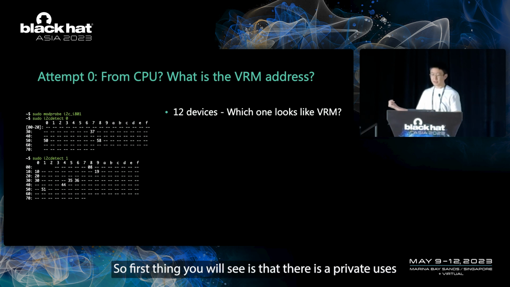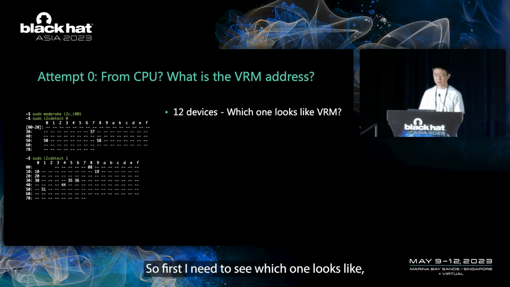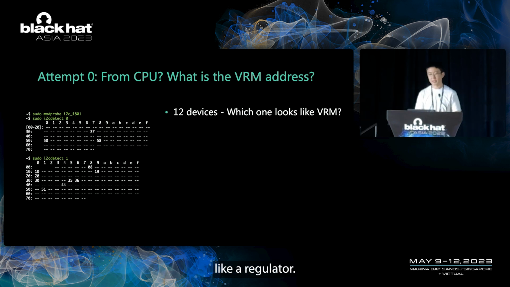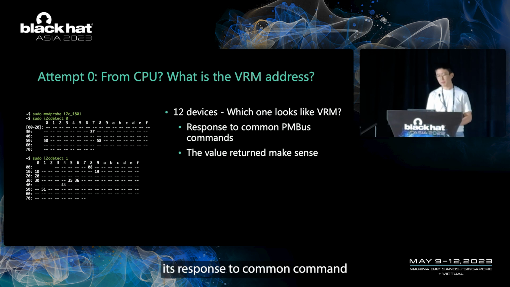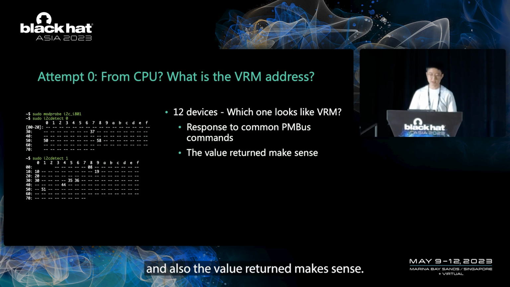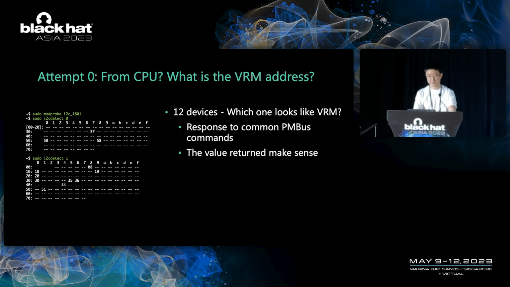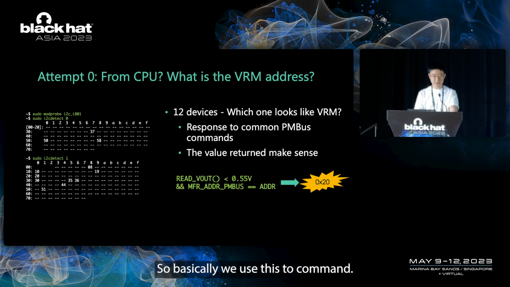First, you see that there are 12 devices from the scan. So you need to see which one looks like a voltage regulator. How do we check which one looks like a regulator? Of course, the first thing is its response to common PMBus commands, and that the value returned makes sense. We use these two heuristics to guess if the device is a voltage regulator or not. Basically, we use these two commands.